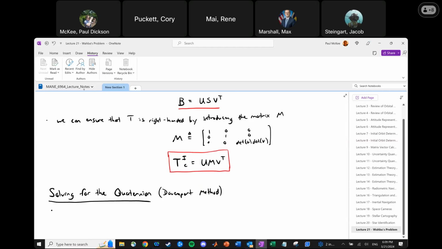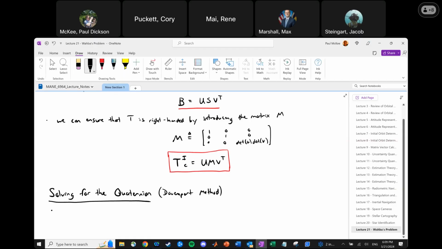This solution to Wahba's problem was developed by Paul Davenport in the early 1970s.